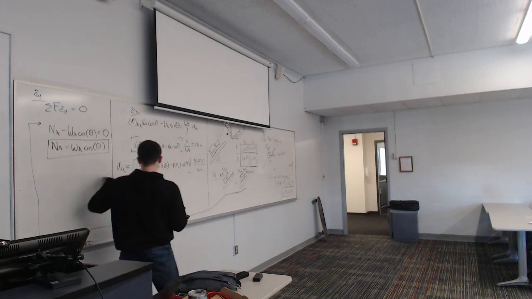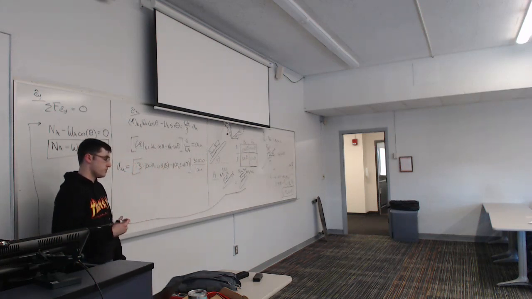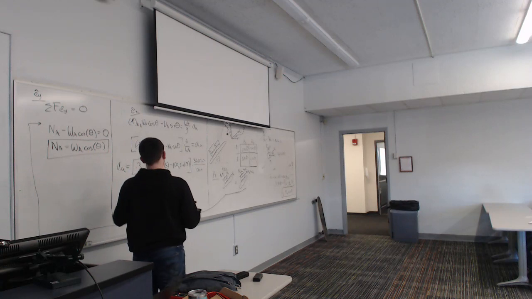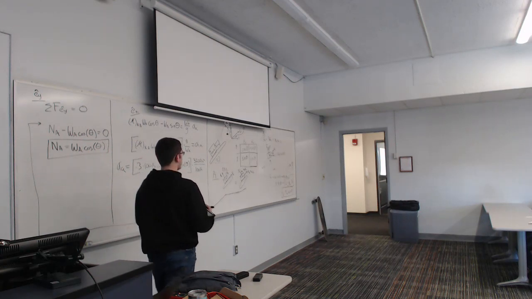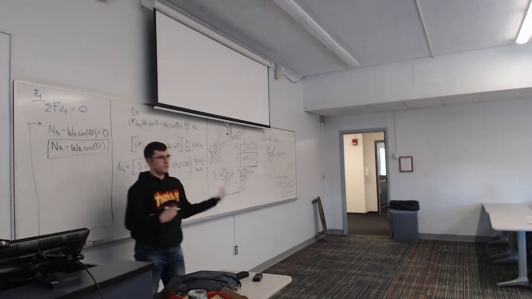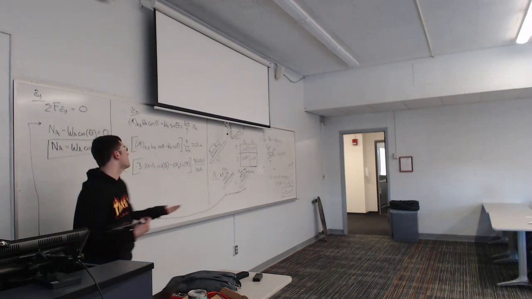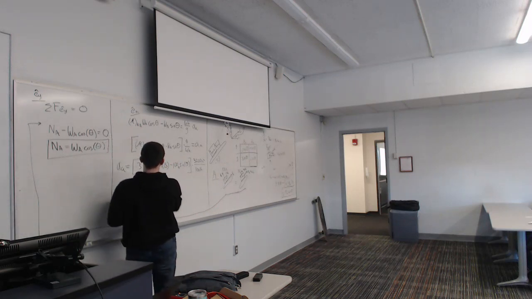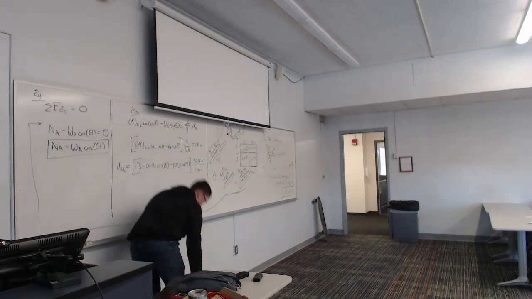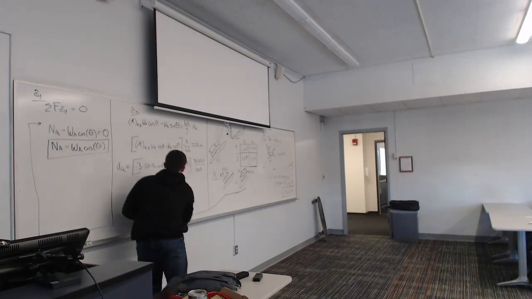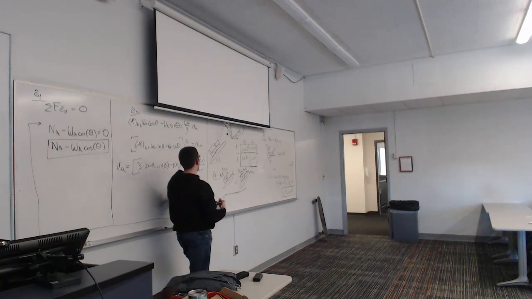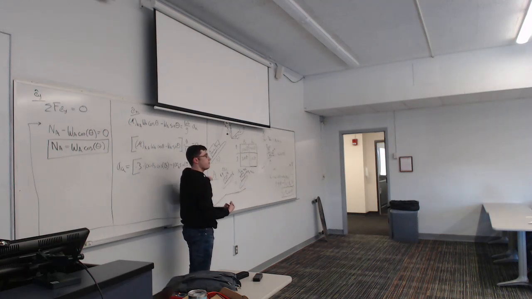One thing I think you should do on tests is always check your units. I know it's a very long thing to keep track of, but for instance here I have pounds minus pounds, so the result is still pounds, and then that is multiplied by an acceleration term divided by pounds.